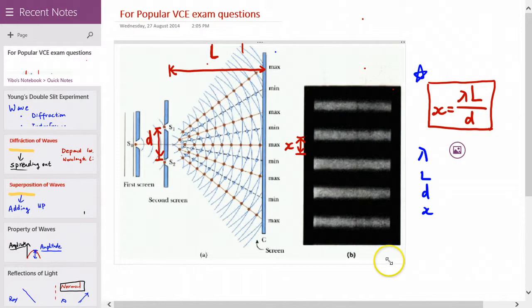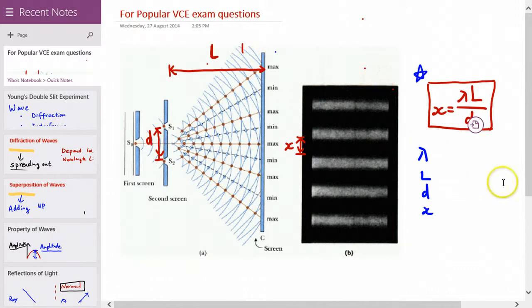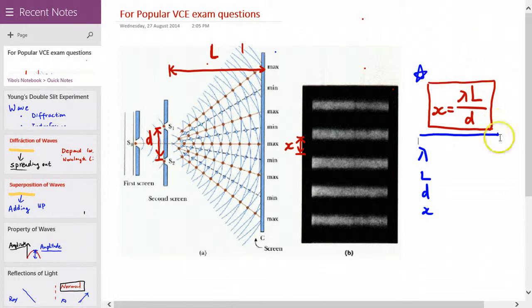So it's not a good illustration by just enlarging a picture, but you get the idea that all the information lies in this formula.